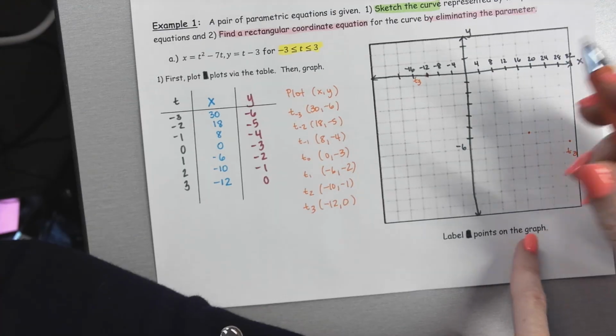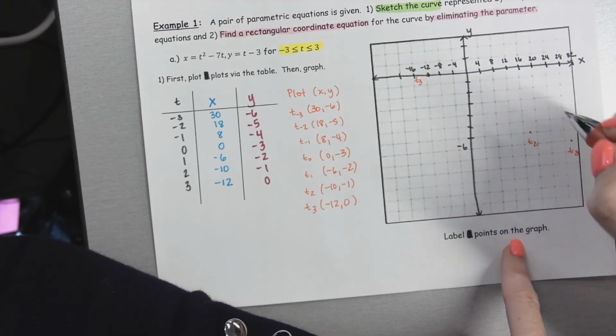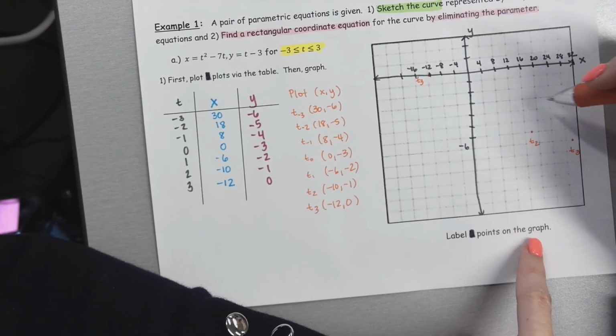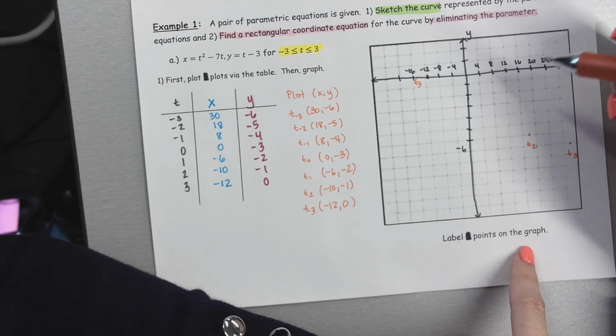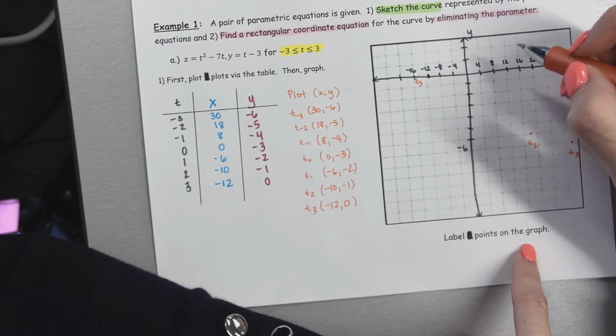Okay, and then once you've plotted your points, go ahead and graph that on your calculator so you can see what the shape is. And then you can connect your points together.